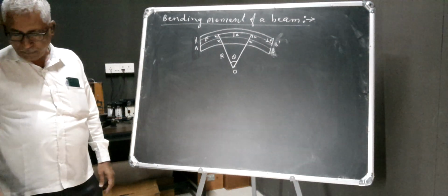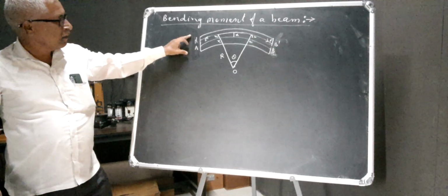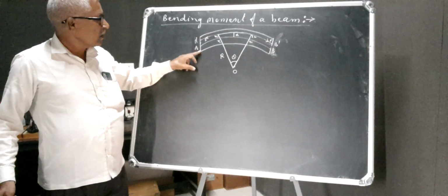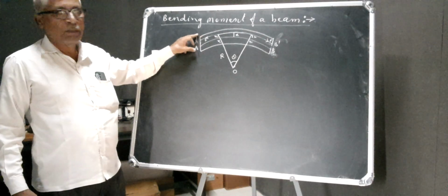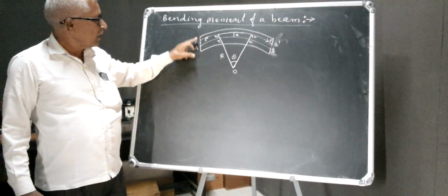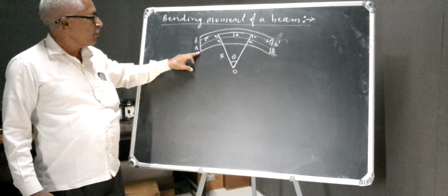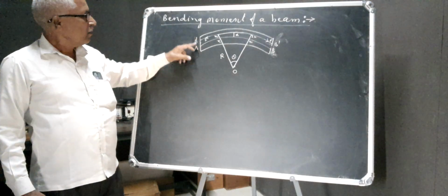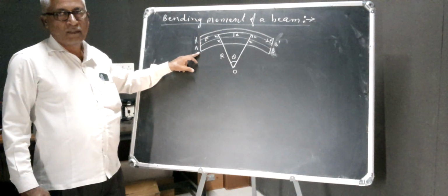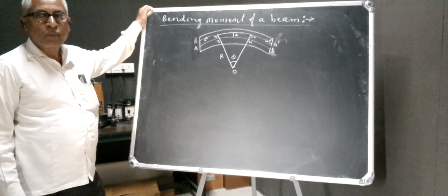The beam has a cross section area, which may be circular, rectangular, or square. It depends on the size of the beam.